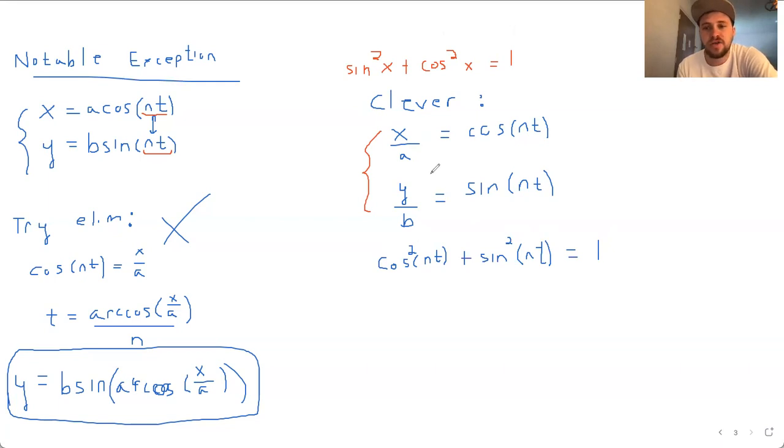However, we have relations that can eliminate this parameter t. We can say that cosine of nt is x over a, squared, and sine of nt is y over b, squared, and this equals 1. And this is something I can work with. This is an ellipse.